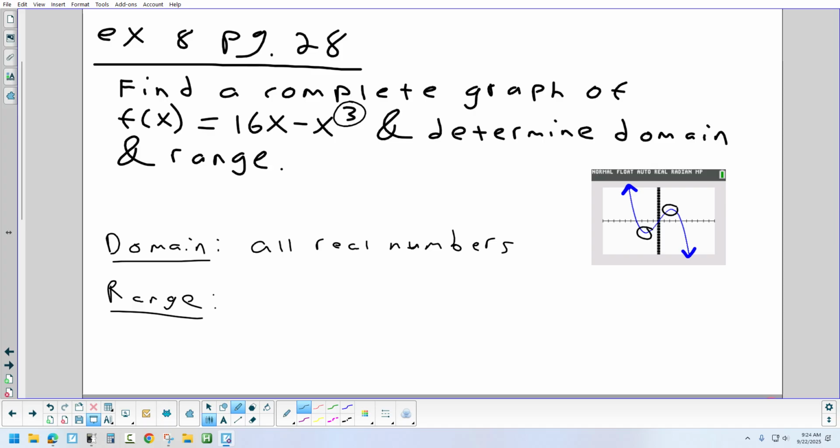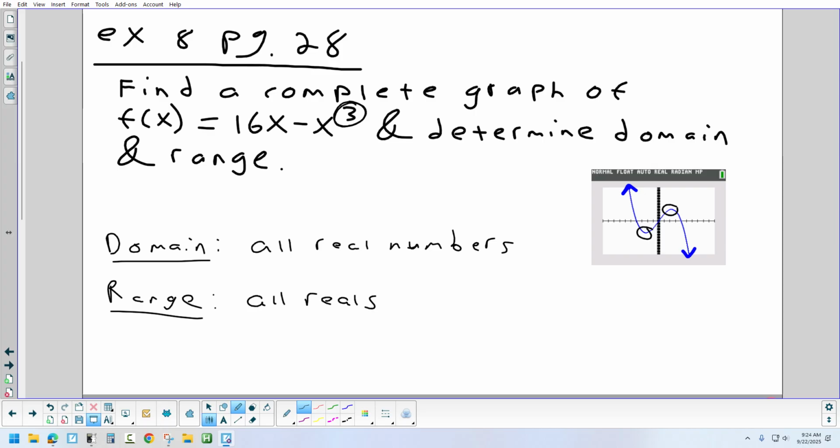Okay, so what does it look like the range is going to be? All real numbers. That's also all real numbers, yeah. In fact, any polynomial that has an odd number right there will always go up forever and down forever. Okay? And we'll learn some of those patterns as we go. But yep, this one is all real numbers. You can write all reals.